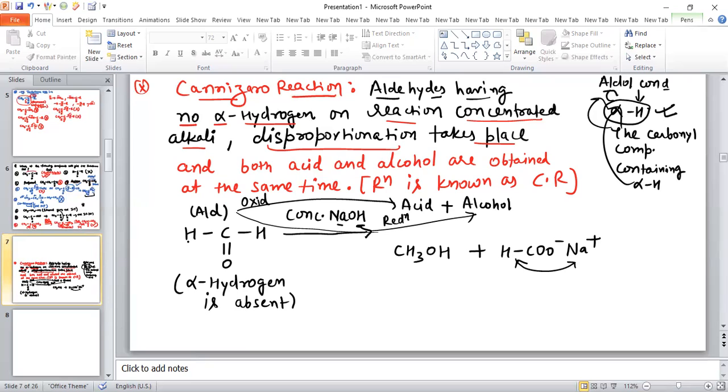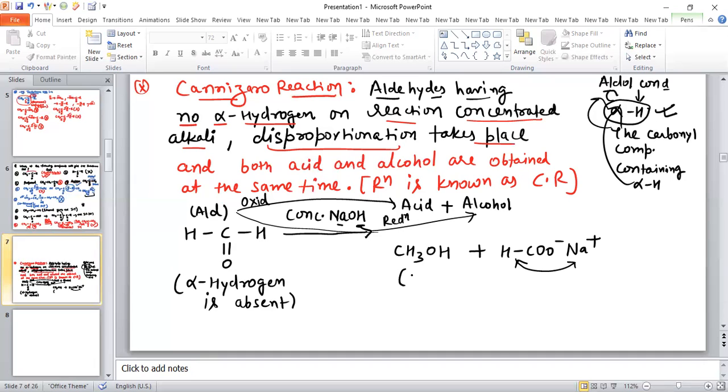This reaction is basically because the oxidation state changes: one is an increase in oxidation number and one is a decrease in oxidation number. When the oxidation number of the same element is increased and also decreased, then we call the reaction a disproportionation reaction.